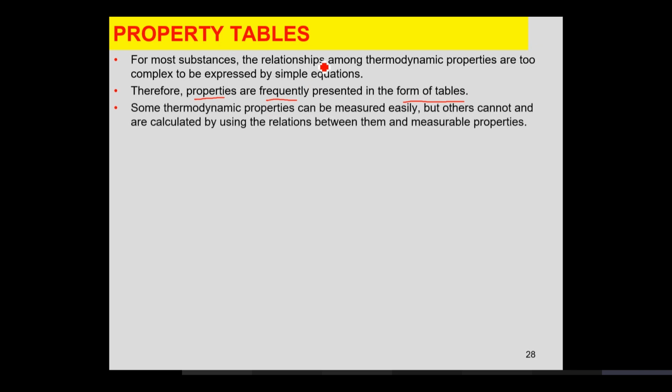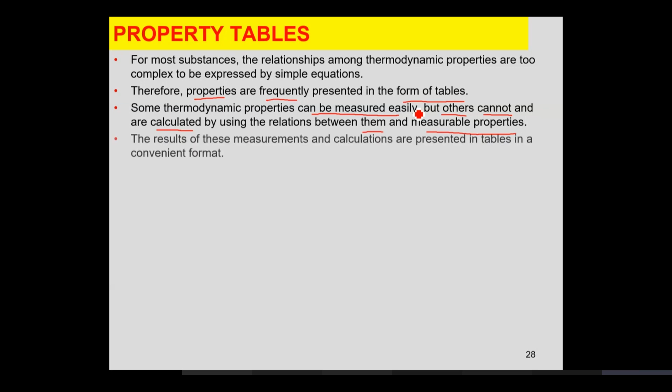Number two, there are certain thermodynamic properties that can be measured easily and directly, but there are others that cannot be measured directly, and they are calculated based on a relationship between the measurable properties and the non-measurable properties. Fortunately enough, you don't have to perform the experiment, calculate, measure.